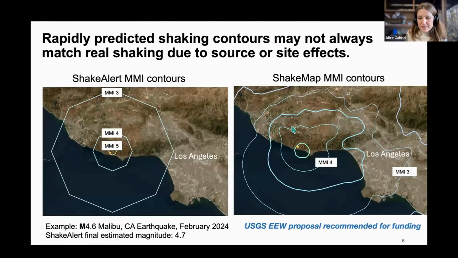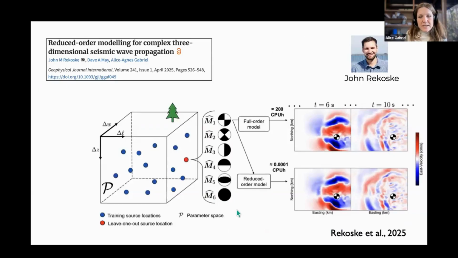We have a USGS early warning proposal recommended for funding that will extend this approach to look if we can improve ShakeAlert contours. So, just try to get to something a little bit more realistic, especially in regions with sedimentary basins, than what is currently implemented. We've been extending this to time-dependent seismic wave propagation. It was published last year.